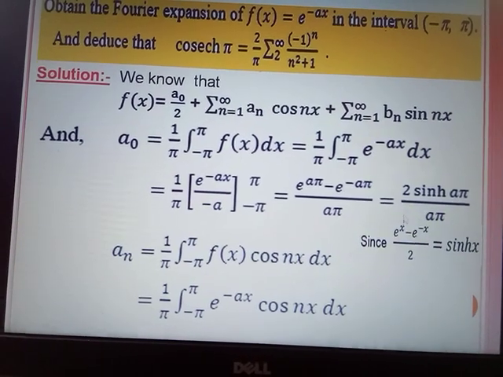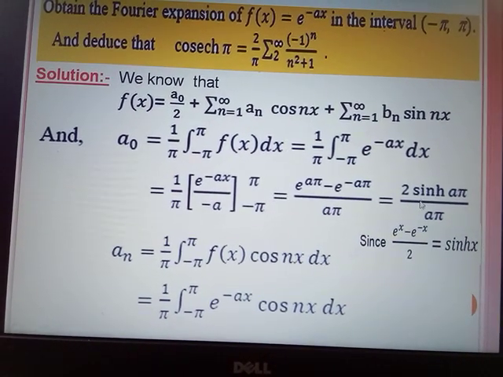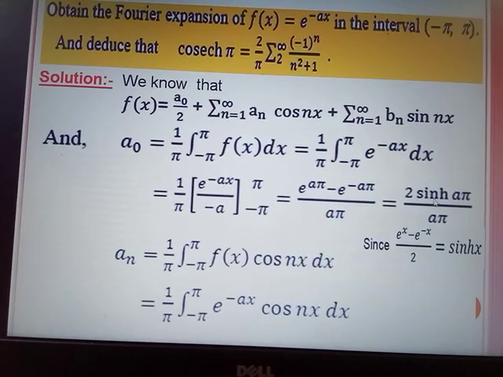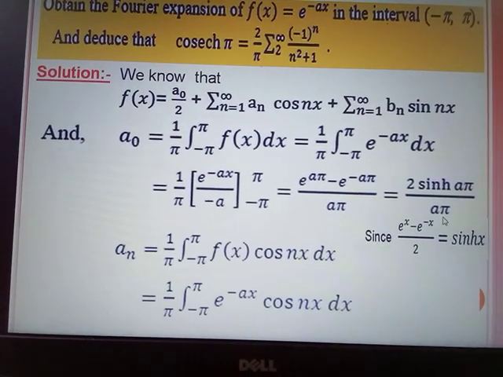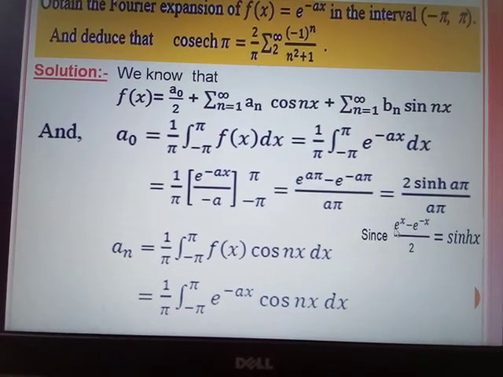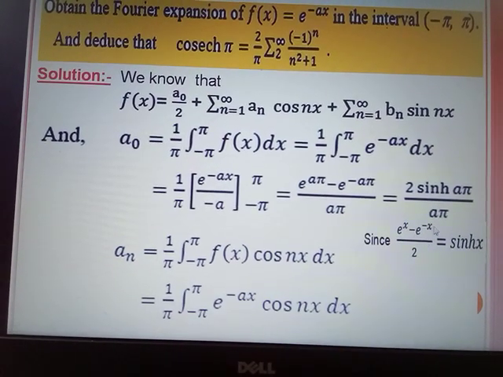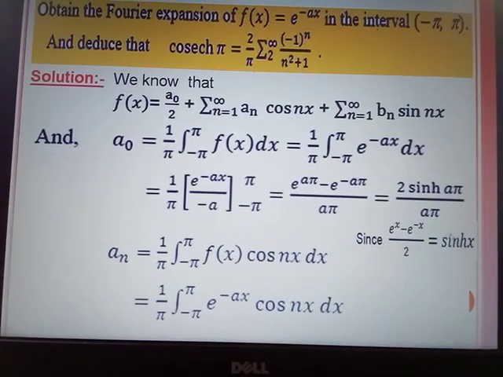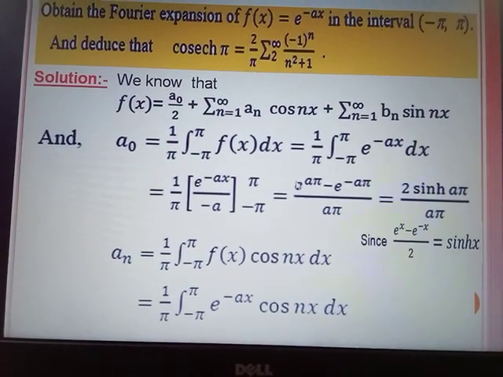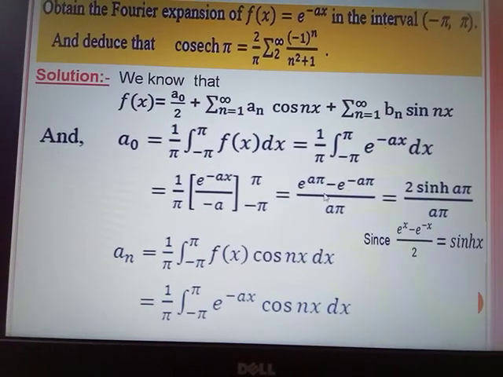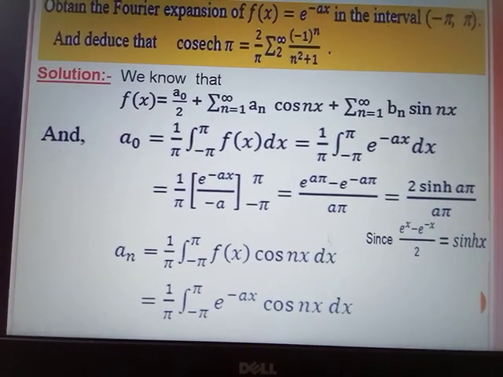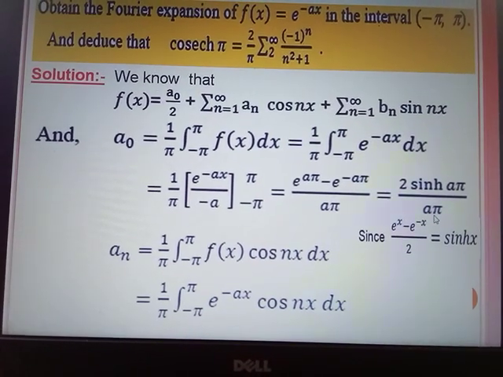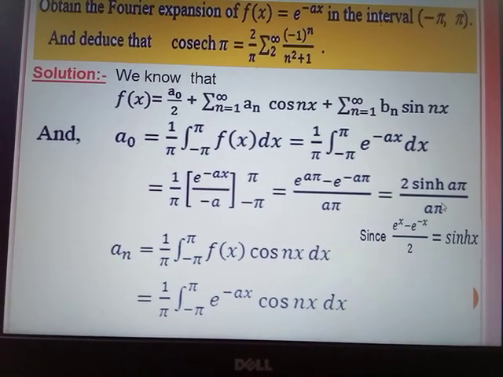Here multiply and divide this term by 2, we get 2 sinh(aπ) divided by aπ, because we know that (e^x - e^(-x))/2 is sinh x. To use this result, you just have to multiply and divide this term by 2, then you get 2 sinh(aπ)/(aπ), which is the value of a0.